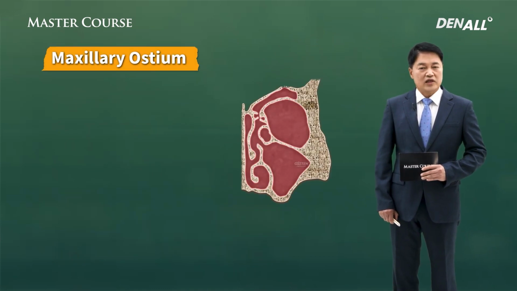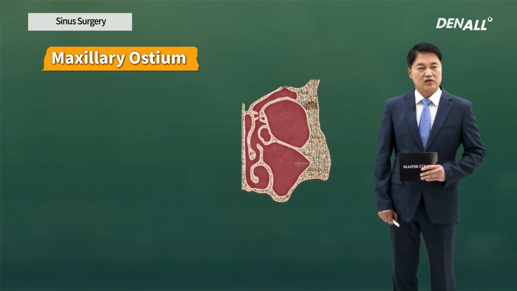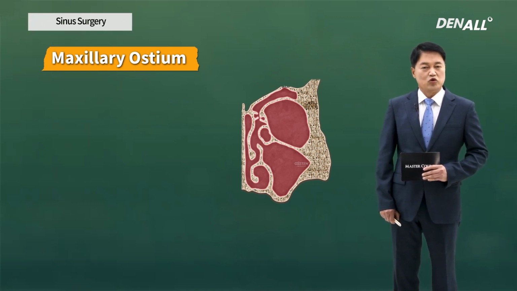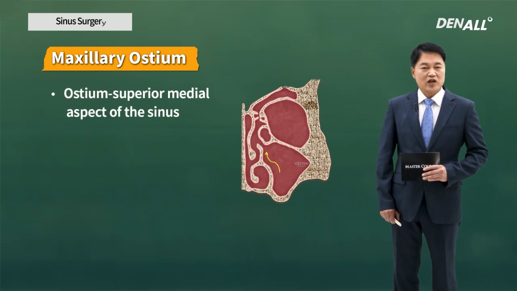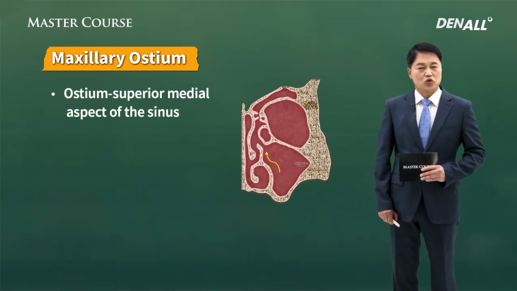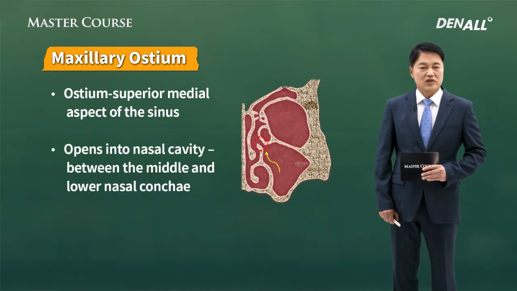Another important thing is the structure that connects the sinus and nasal cavity. It's called maxillary ostium. It is positioned superior medial to the sinus. As mentioned, it connects nasal cavity and the sinus.